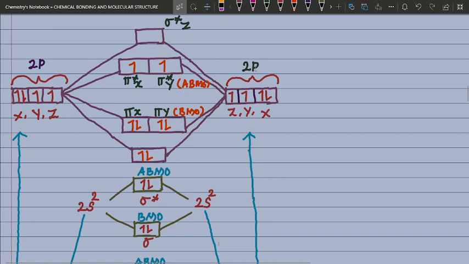See the 2p orbital, here 1 orbital, next 1 orbital, here 2 orbitals at x, z, y, x. See the left side, here 2p orbital, here z1, y1, x, 2 electrons. See, this is sigma star z.